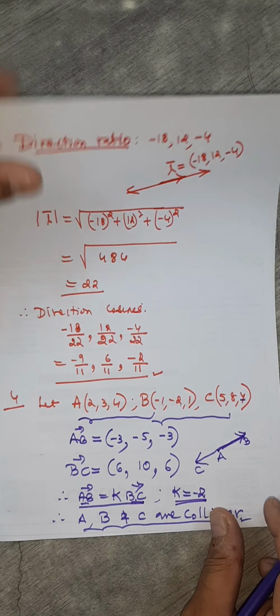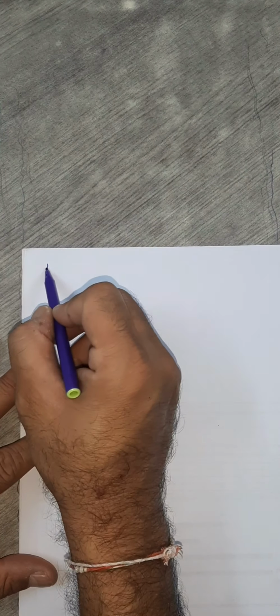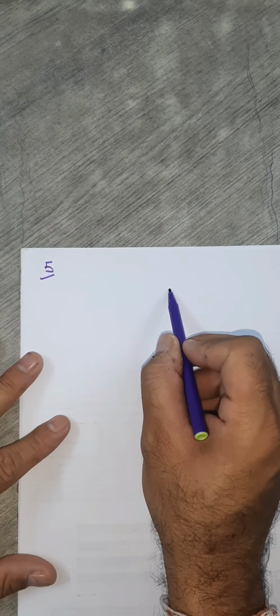Next question, question number 5, the fifth one. Find the direction cosines of the sides of a triangle whose vertices are these. In that case, you will have 3 possibilities, remember. In the fifth question, you have a triangle here.